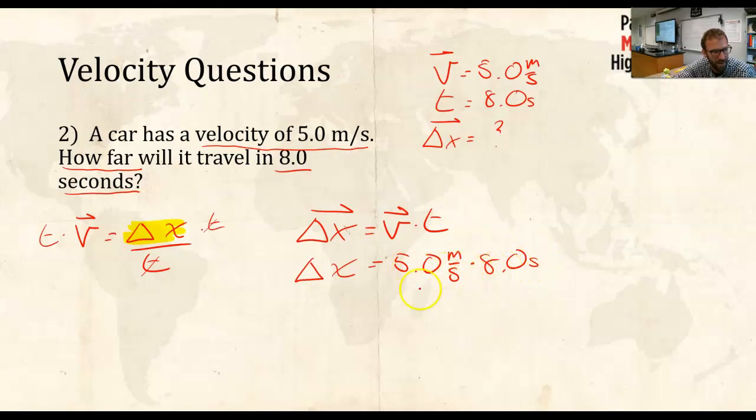And I got 5 times 8 is 40. And here's the beautiful thing. Look at this. I got meters per second multiplied by second. This second cancels out with that second, and it leaves me with the unit meters. This is wonderful news. We are tickety-boo done. Happy days, eh?